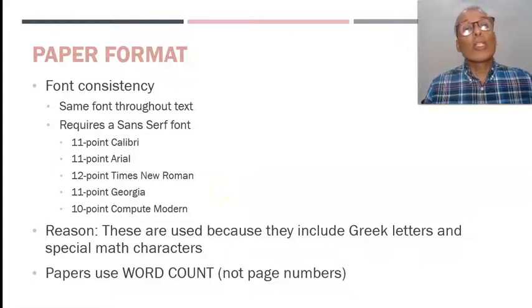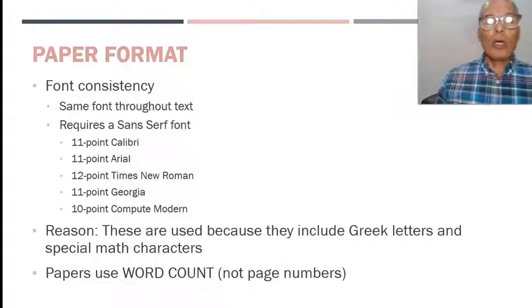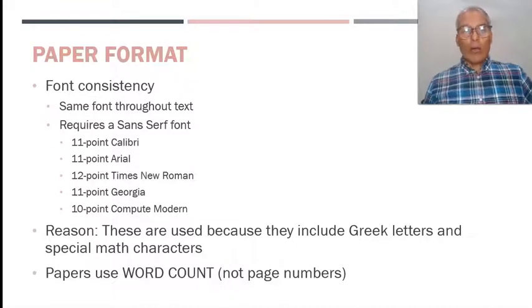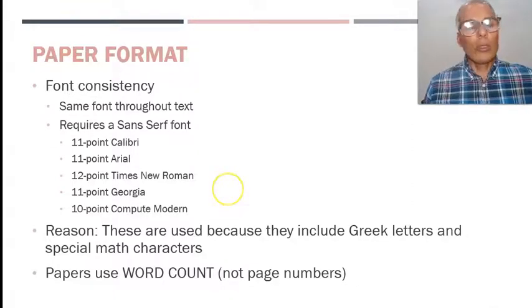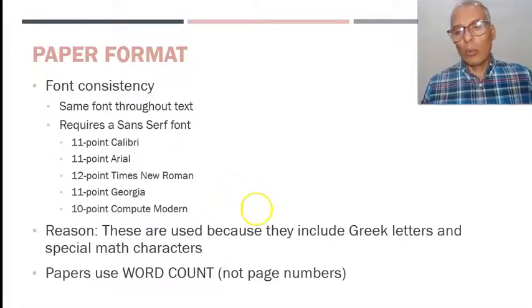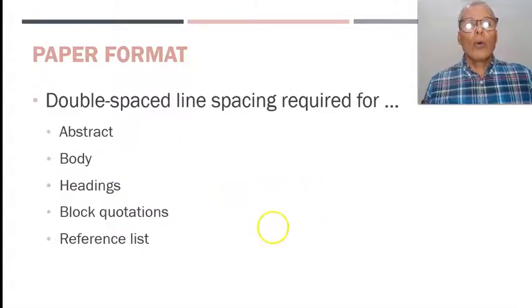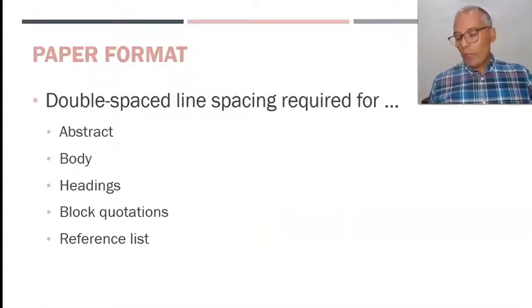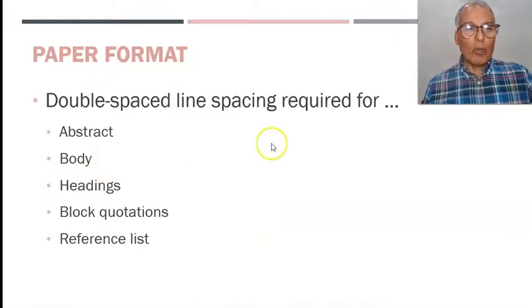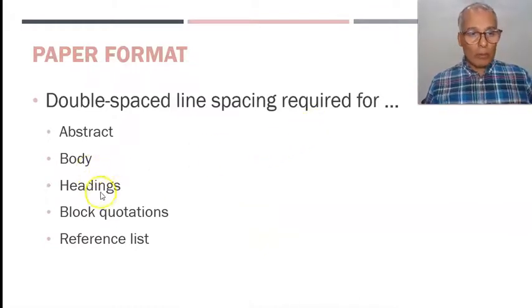Papers use word count. They do not use numbers of pages. So every time we say, okay, write me a paper that goes between 900 or 12 or whatever. Double spacing is required for the whole paper, with maybe a couple of exceptions. It is required for the abstract, the body, the headings, and the quotations.